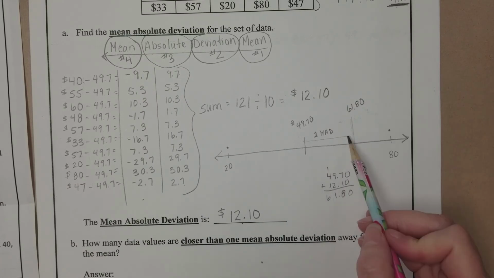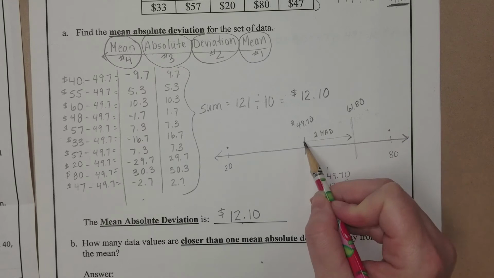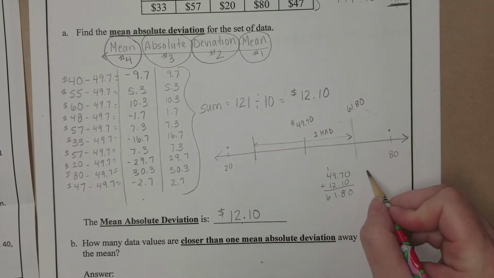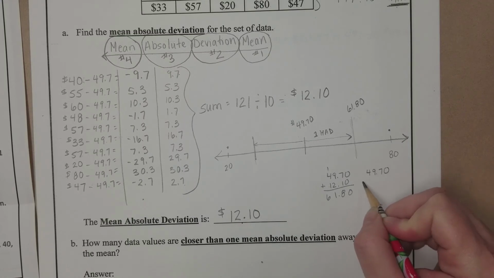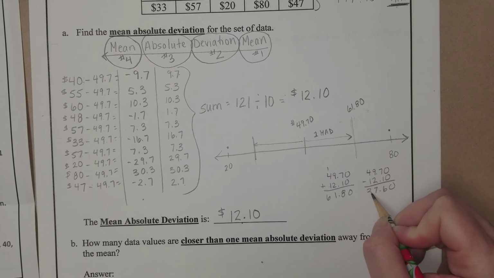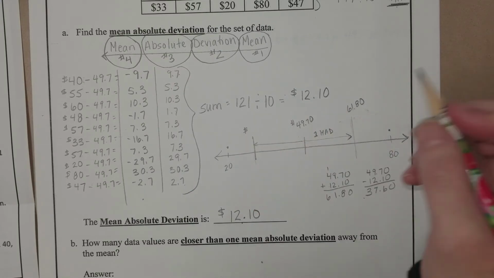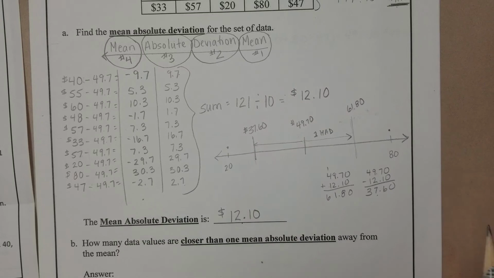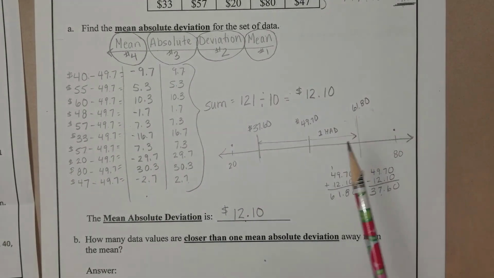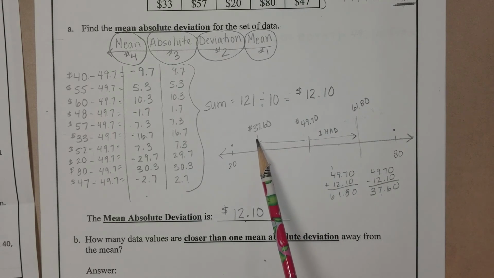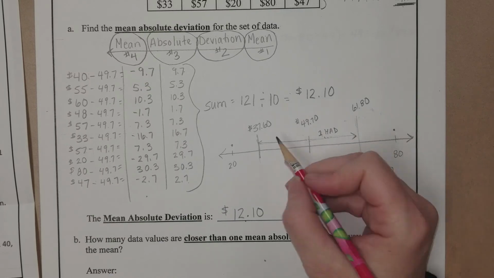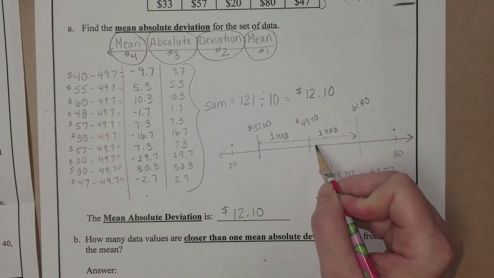So that would be one mean absolute deviation more, and then one mean absolute deviation less would be $49.70 subtract 12.10, and that would be $37.60. So what they're asking here is, of our amounts, which games fall within one mean absolute deviation above or one mean absolute deviation below.